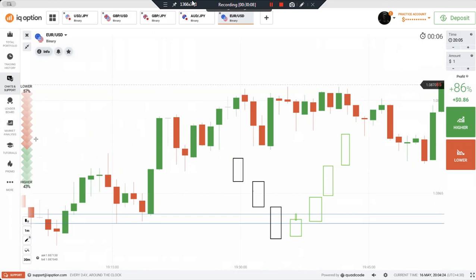The market breaks. Right after the breakout, you are seeing the market close at the level. So this is a sign, a warning for you that something is going to happen here against you. If you place a lower option here, you may easily lose. I'm not saying every time the buyers will show up.